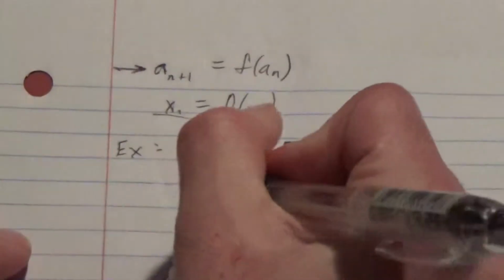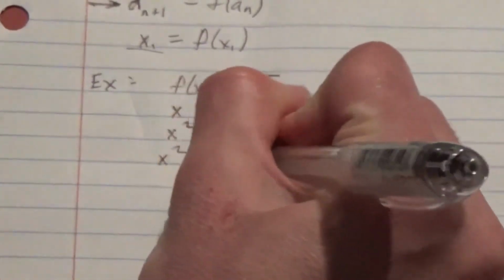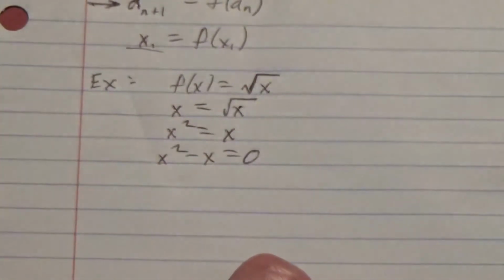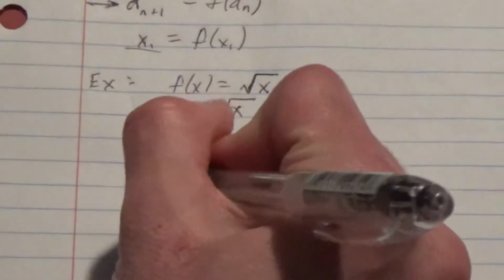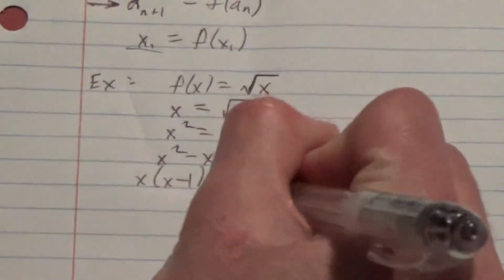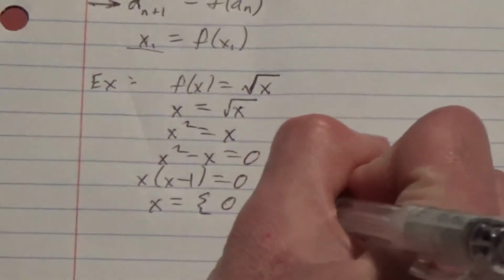From here we can square both sides, so x squared equals just x. And then after that we can say x squared minus x equals 0. And this is relatively easy to factor. Of course, you could use the quadratic formula, but it's simpler to factor. We can simply say x times quantity x minus 1 equals 0, and we end up with these two solutions, which are of course 0 and 1.